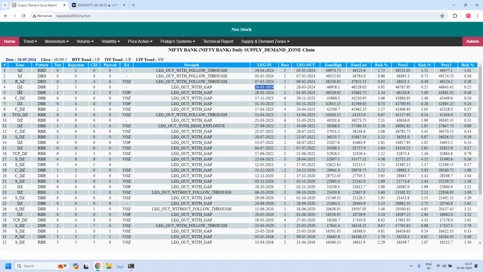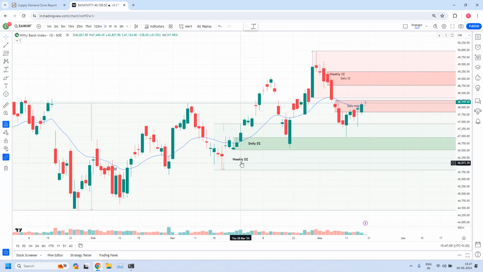And below you have one more daily demand zone. This is when it was created, 28/2/2024, 28 February. So this is the one. This is an important zone. Why is it an important zone?